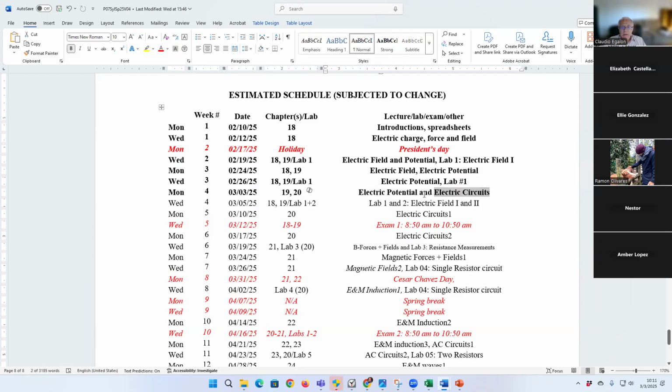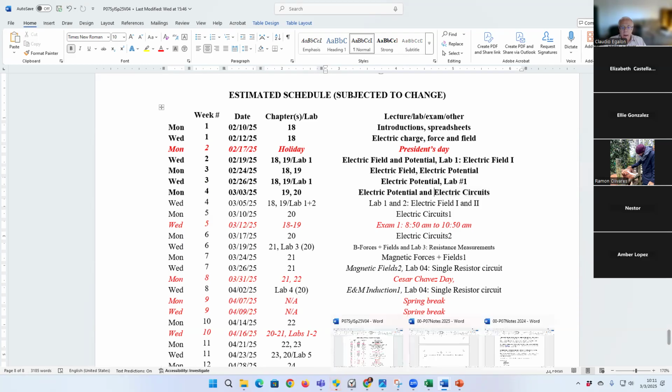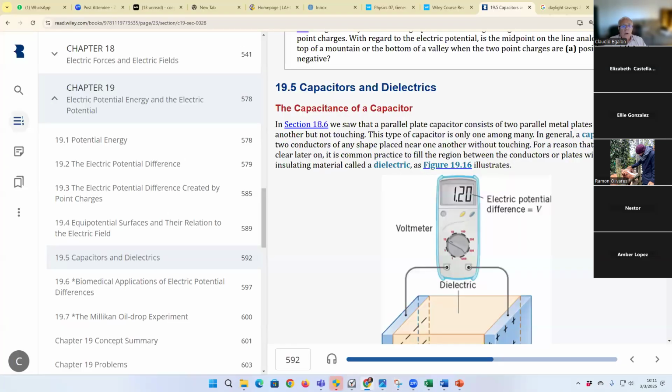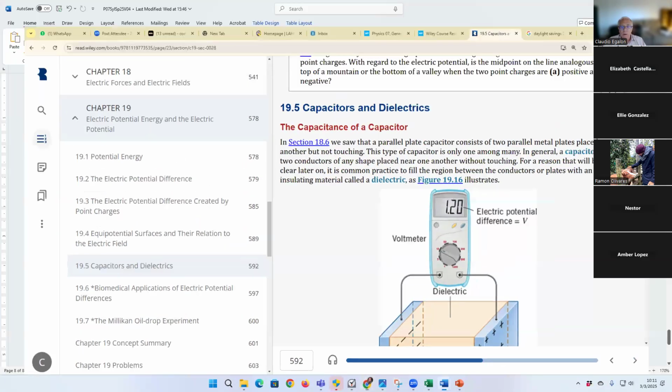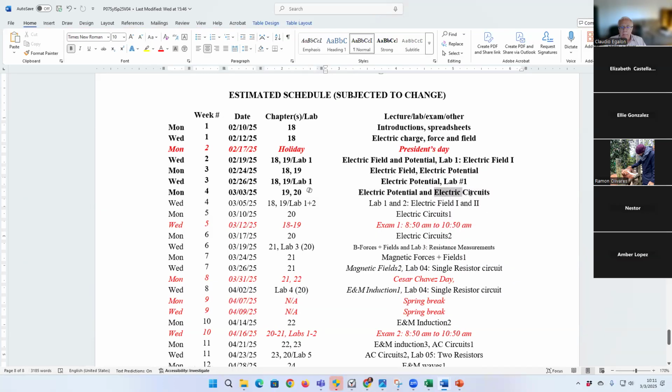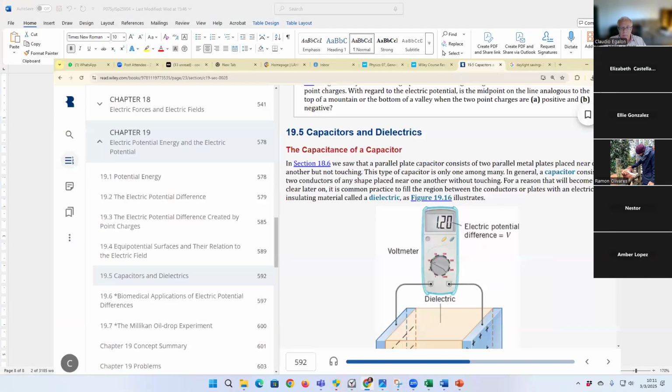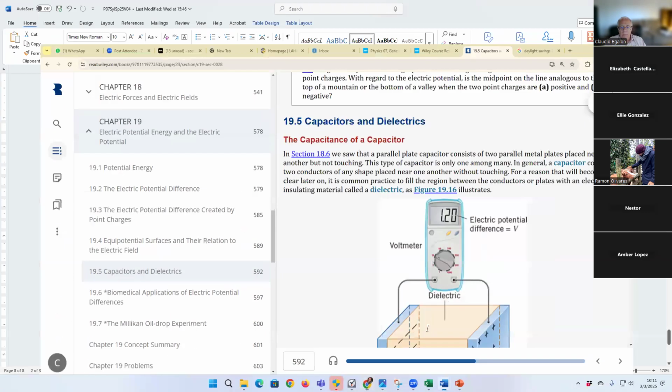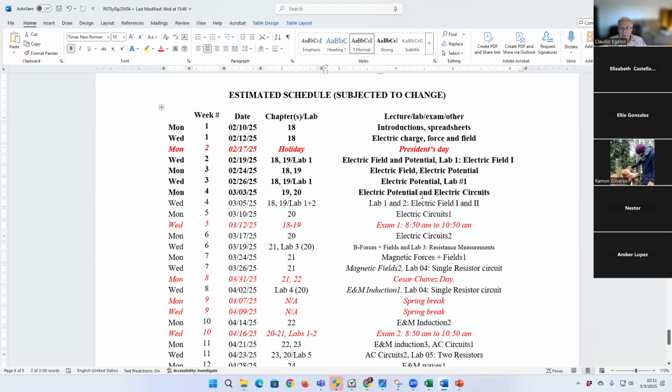Actually, it's not electric circuits. We're going to start talking about capacitance. Okay? Capacitance and capacitors. Electric potential, capacitance, and capacitors.